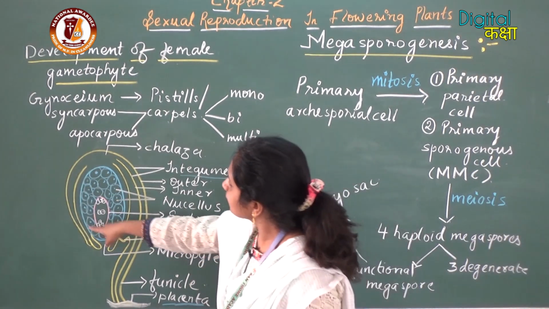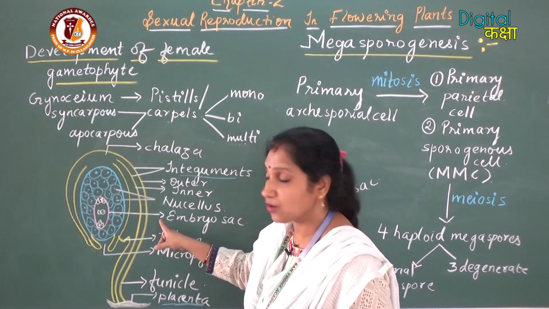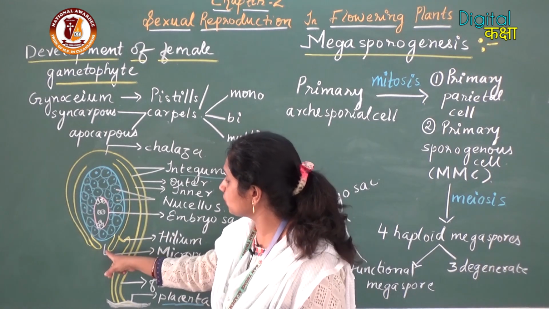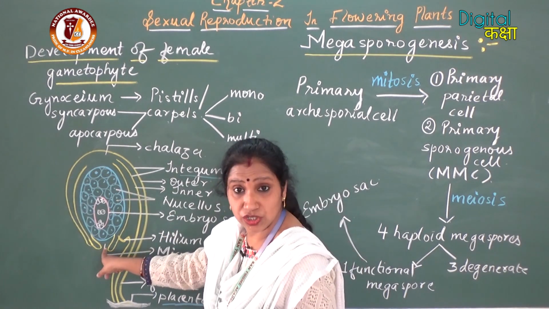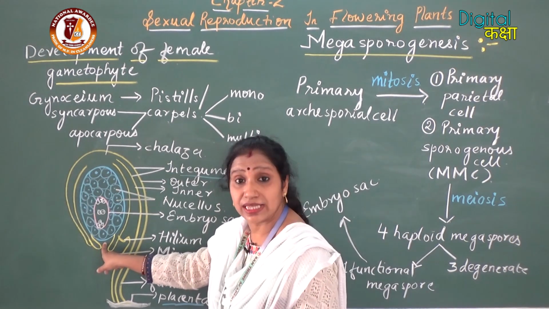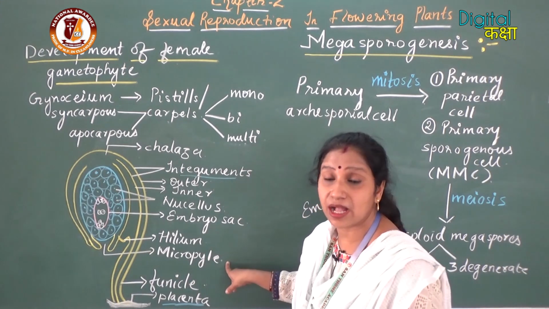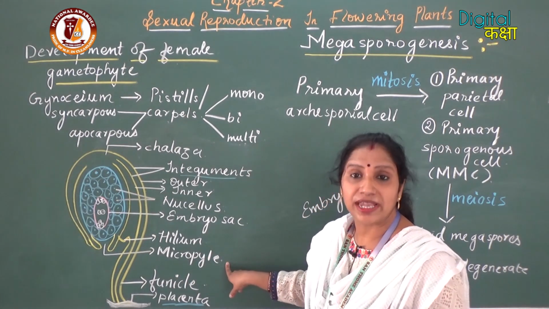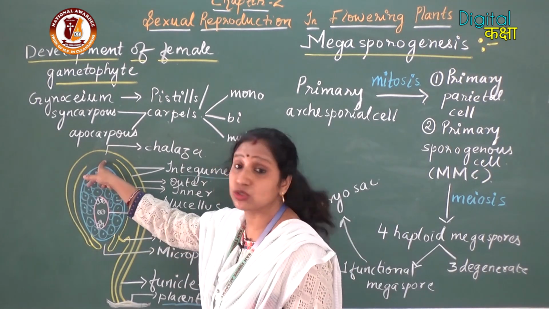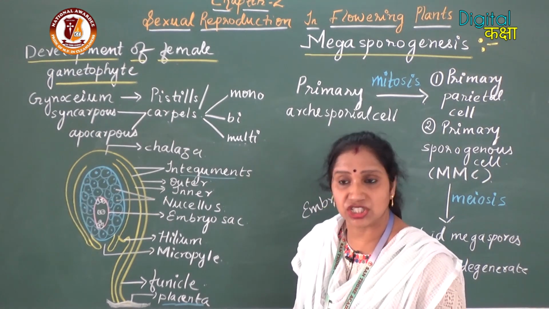Now you can see that the integuments, which are the outer coverings, are not in continuation. In one region the integument is absent. At the region where the integument is not present, that region is called the micropylar region, and the region just opposite to the micropyle is called the chalaza region.